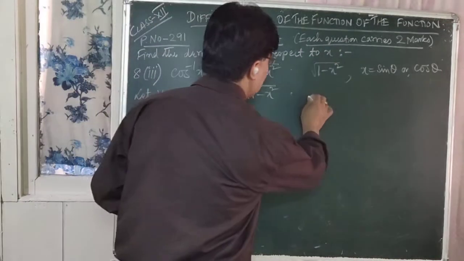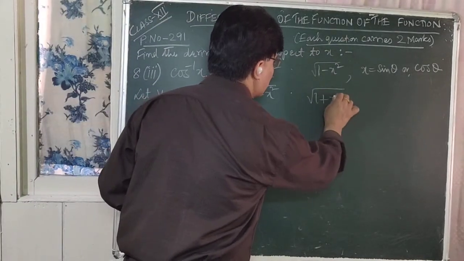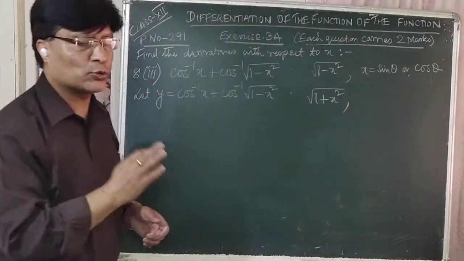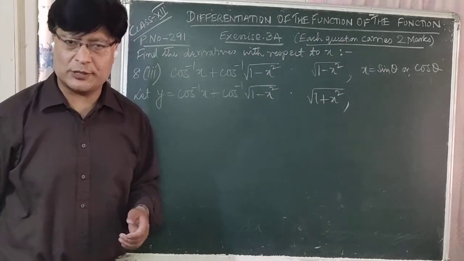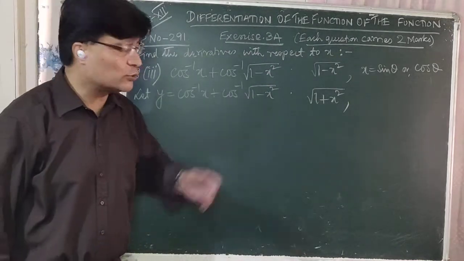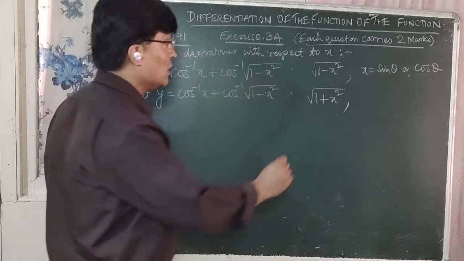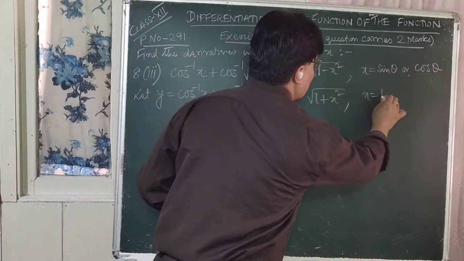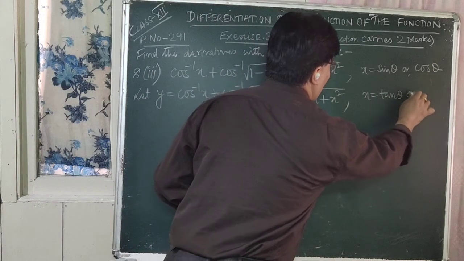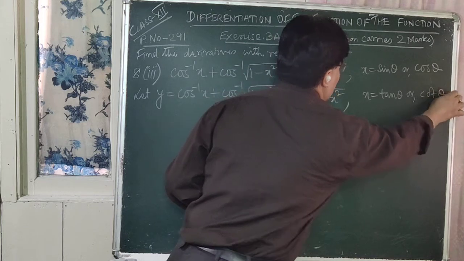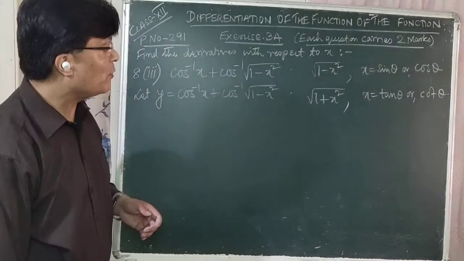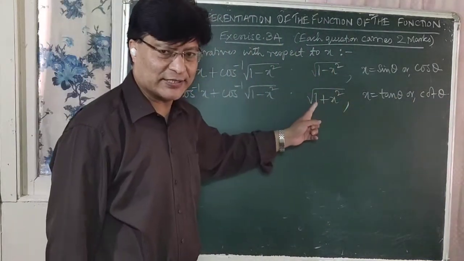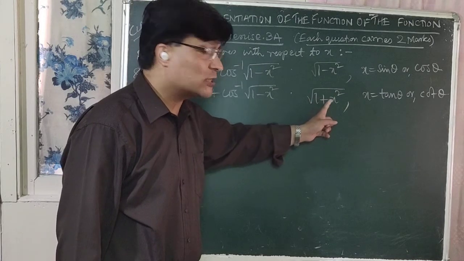There might be 1 plus x square also. In this case, what should be the trigonometric substitution? If it is root over 1 plus x square, you can put either x is equal to tan theta or cot theta. Suppose you put x is equal to tan theta, so root over 1 plus tan square theta.